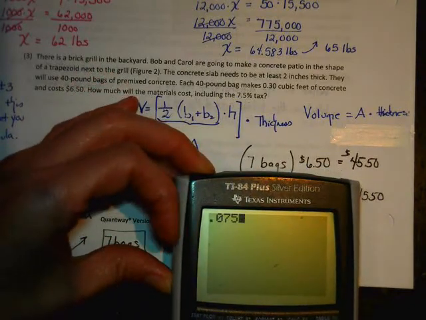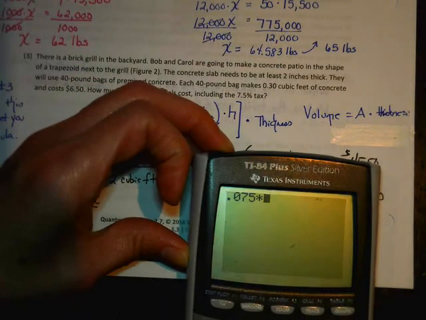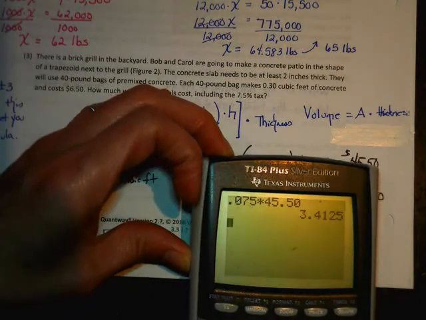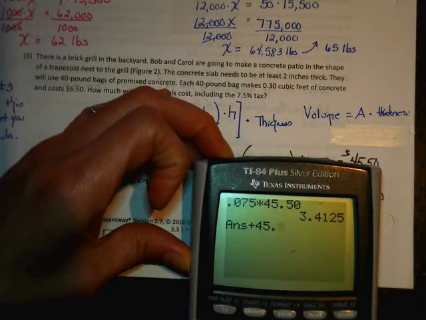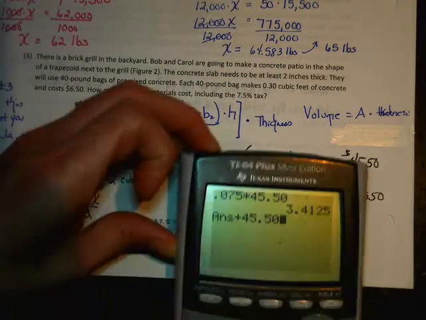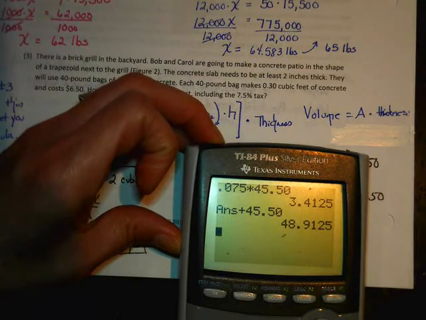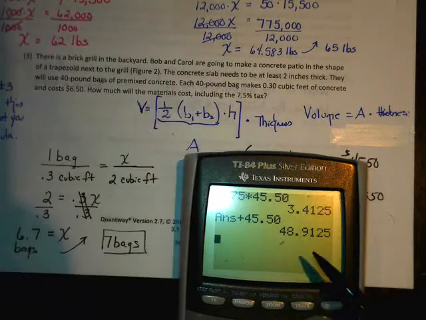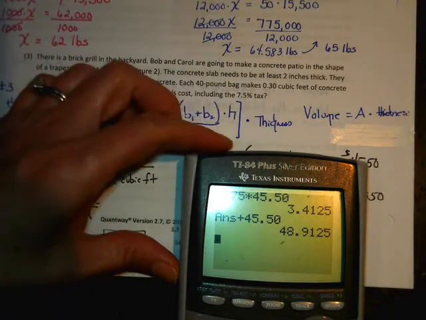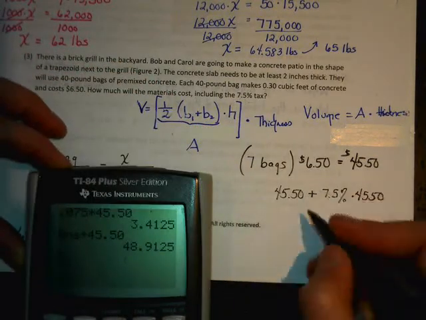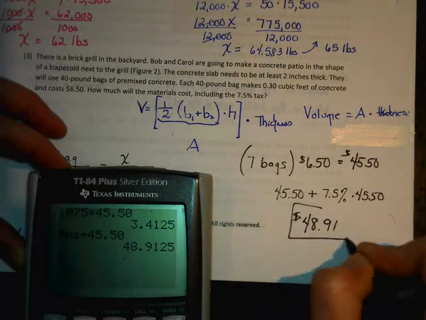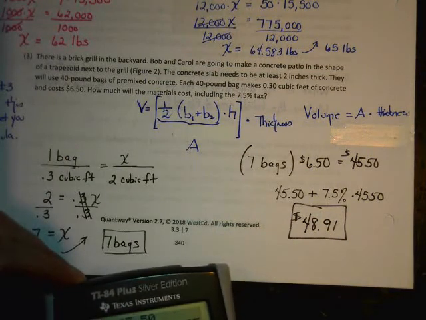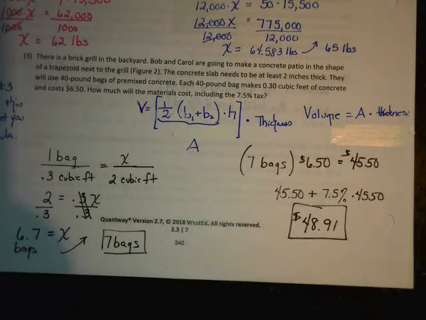Times the 45.5. So there's my tax, and then I'm going to add it back into the 45.50, right? So it looks like it's going to cost Bob and Carol $48.91. For them to pour their concrete, it's going to cost $48.91.